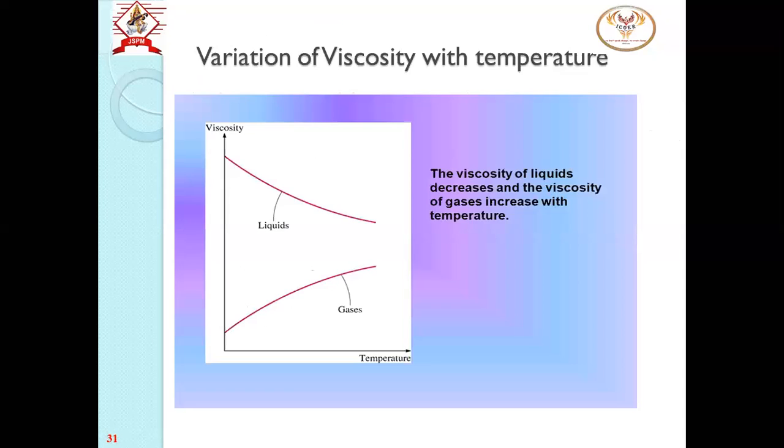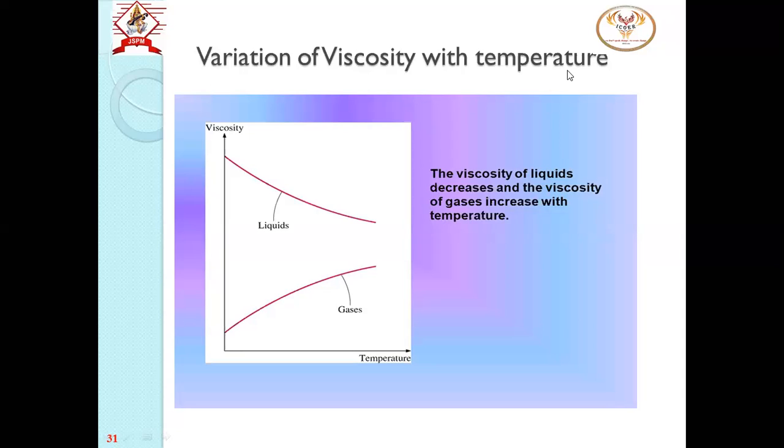Now this is one of the experimental conclusions. We have our first laboratory experiment, to see the viscosity of a given fluid. We have to study the viscosity of a given fluid, and secondly we have to study the variation of viscosity with temperature. What will happen to the viscosity of the given fluid when we increase the temperature?